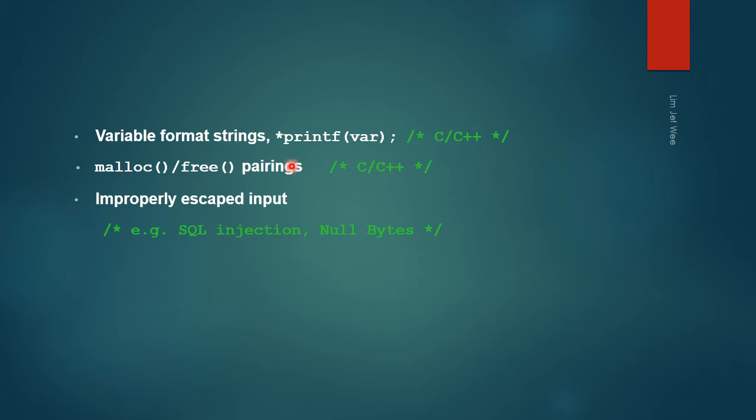Also check out your printing, especially if you are using a pointer. Normally people may use this in C and C++, or allocation of memory, again usually used in C and C++. If you allocate memory, remember to free up the memory. Otherwise you just keep on allocating memory and eventually you're going to run out of memory.